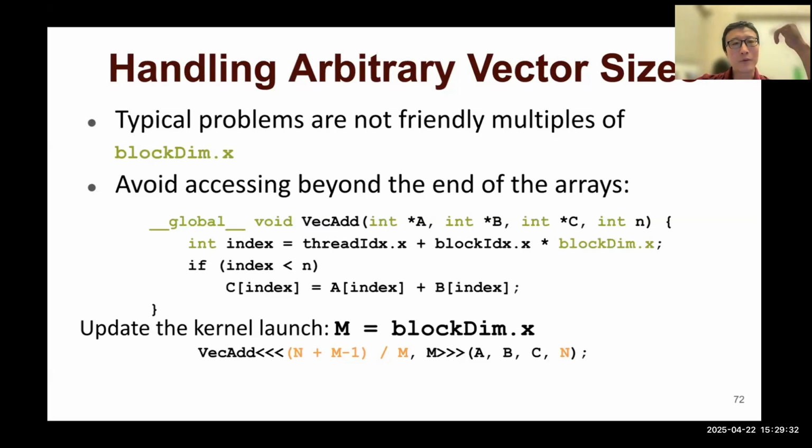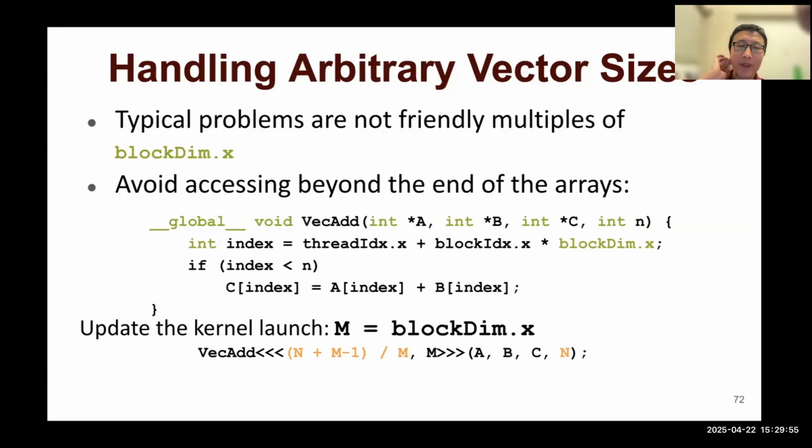Okay, so most problems are not friendly with multiples of block dimension x. If your block dimension is 8, for the previous example, it's 32, it's a perfect match, it's fine. But what if your total problem size is 501, and your block dimension, for example, is 16 or 32, which is commonly used for many other considerations?